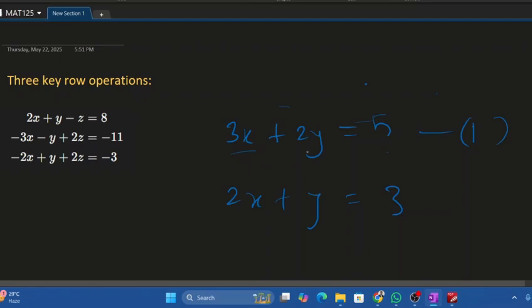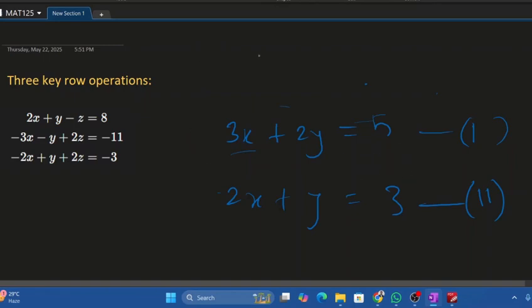If we apply the same operations, like multiply the whole thing with a constant and then add or subtract them, we could do this, right? We can name this equation 2. This does not make any difference if we say this is 1 or this is 2. These are the same, right? So basically we can swap these equations for our convenience.